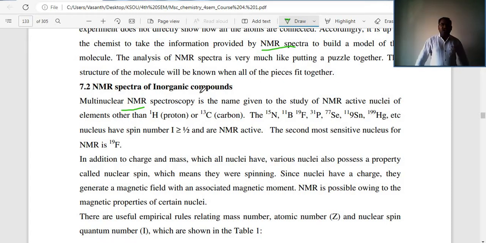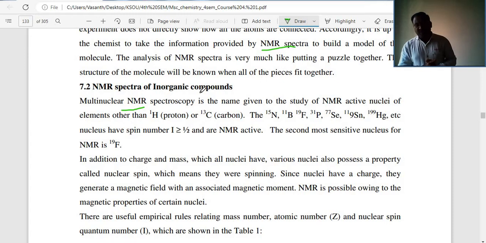In addition to charge and mass, which all nuclei have, various nuclei also possess a property called nuclear spin, which means they are spinning. Since nuclei have a charge, they generate a magnetic field with an associated magnetic moment.